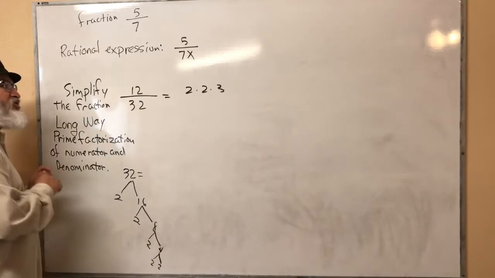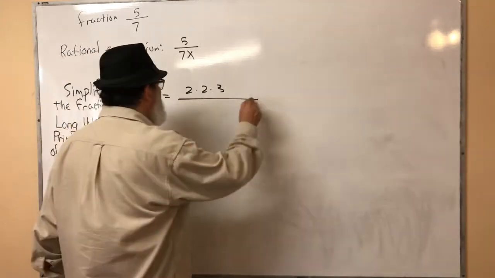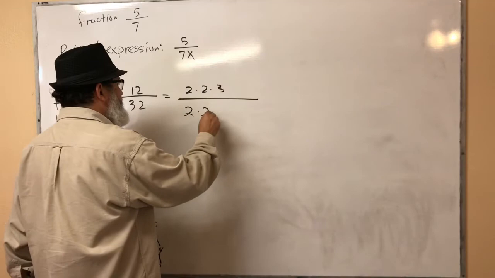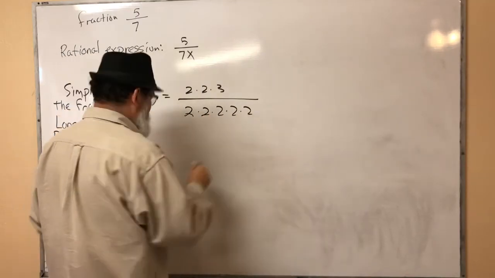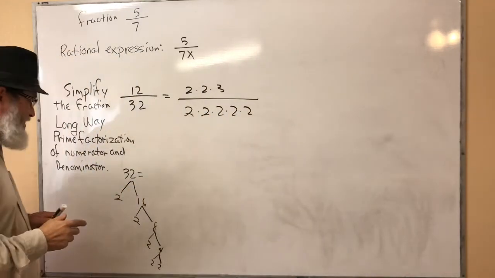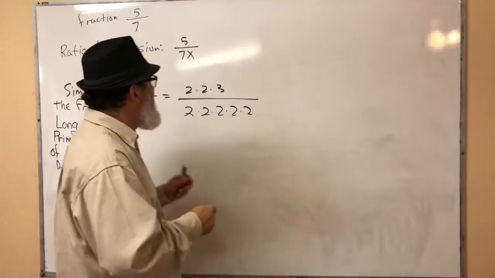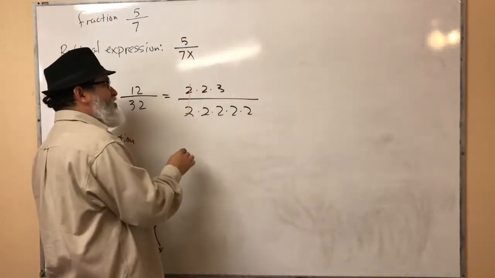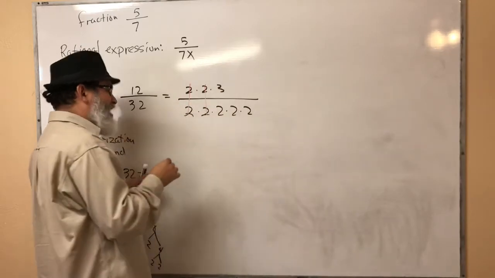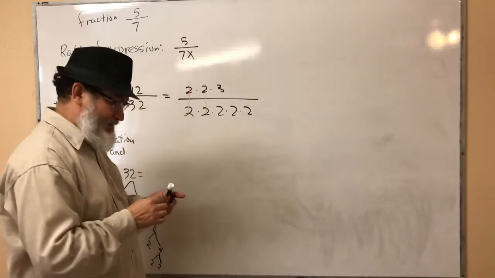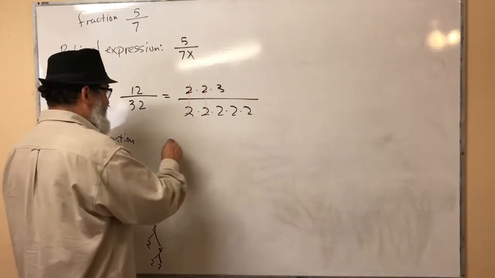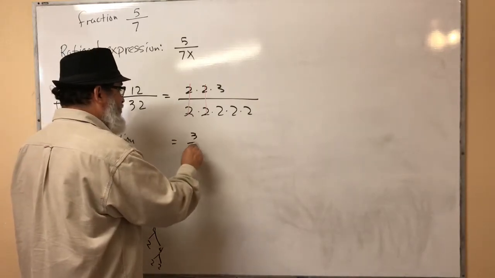That's the prime factorization. Now, the fun part. We're going to simplify. So this one cancels that one. This one cancels that one. And what do we get? We get 3 over 8.